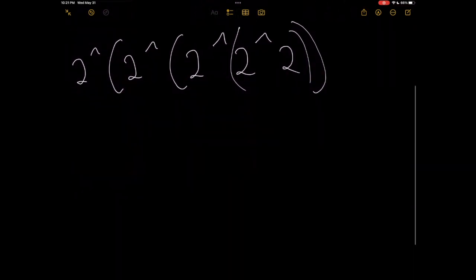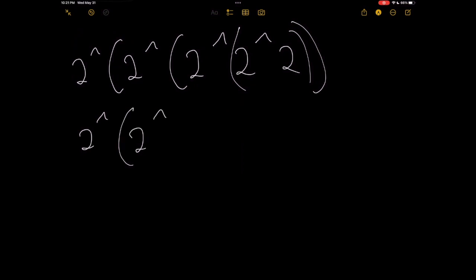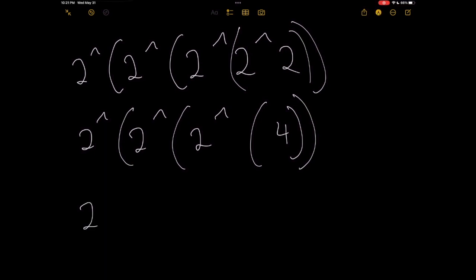2 to the power of 2 to the power of 2 to the power of 4, which would be 2 to the power of 2 to the power of 2 to the fourth, which is 16.